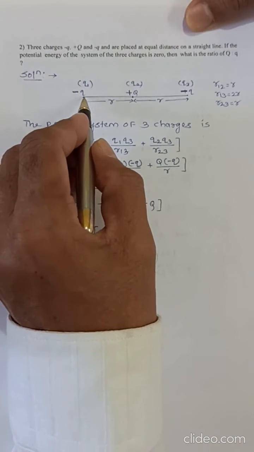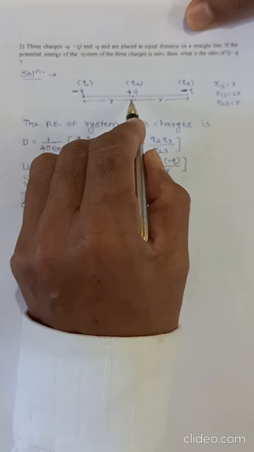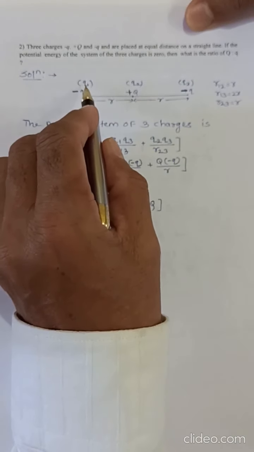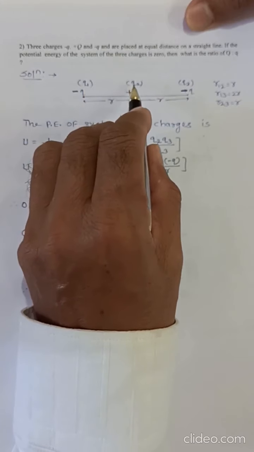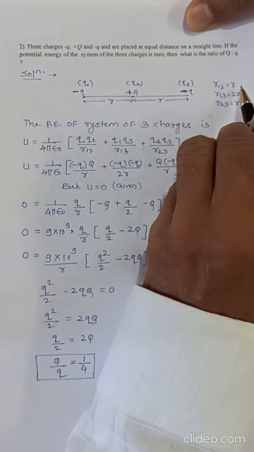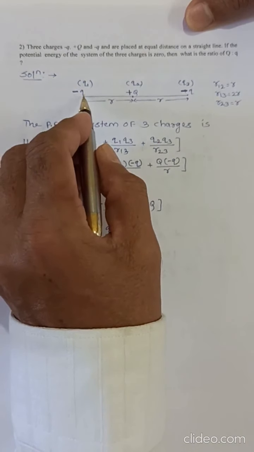So the distance between this charge and this charge is R. Suppose this is Q1 and Q2, then R12 is equal to R, the distance between charge 1 and charge 2.